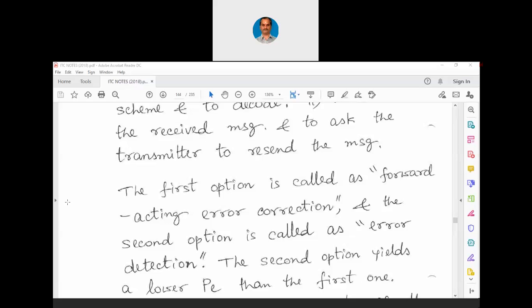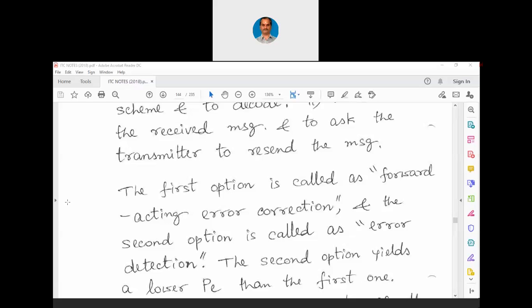Even if there's a burst error and a complete row is gone, the receiver is going to receive column by column, and it is going to arrange it back row by row. Whenever it receives a column, it can always correct a 1-bit error.